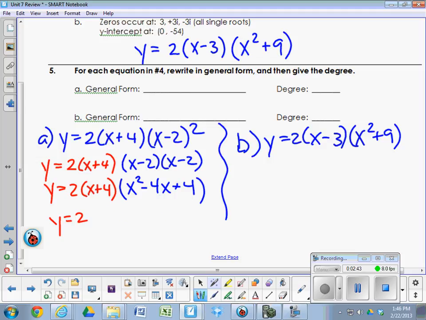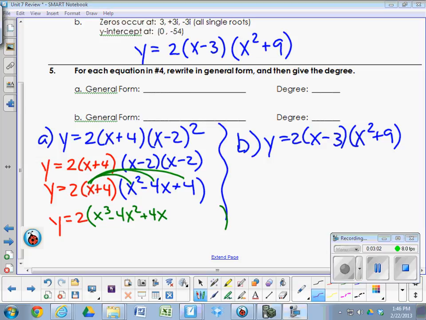What do you get when you do the first? x times x squared, x times negative 4x, x times 4, plus 4x squared, minus 16x, 4 times 4, plus 16.